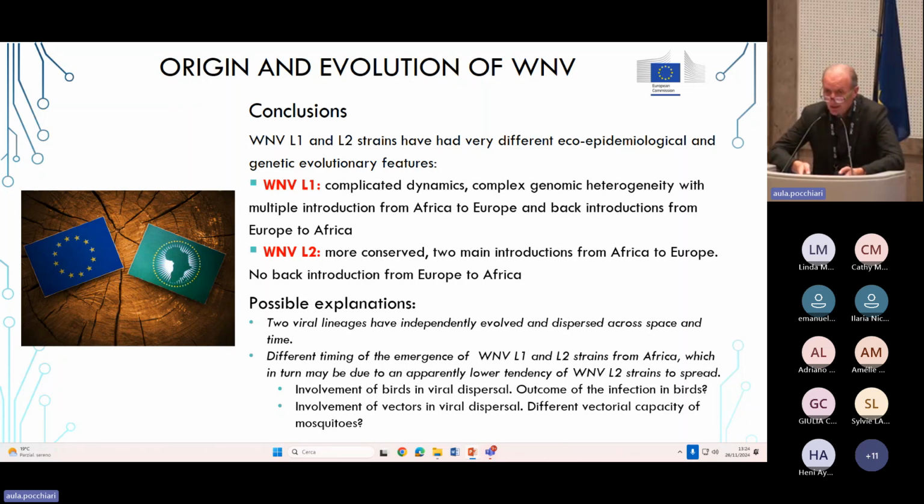Although it originated much earlier compared to lineage 1, it appears that for many, many years it was located only in the Southern African area. Why? Birds could be involved, or vectors could be involved.